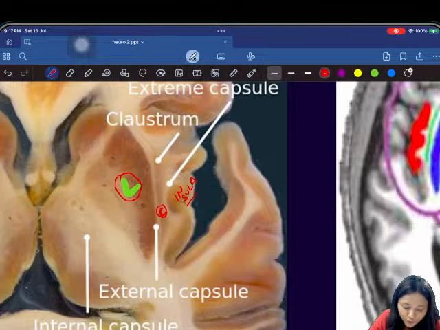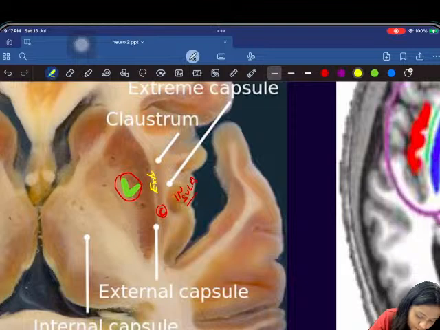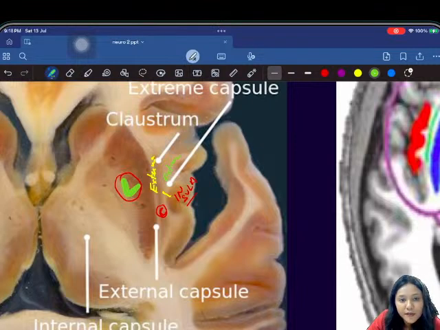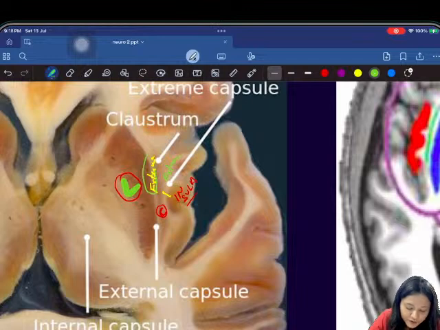Between these there are 2 white matter. So this one is the external capsule, this white matter is the external capsule, and this white matter here is the extreme capsule, okay. So lentiform nucleus, external capsule, claustrum, extreme capsule and after that insula. Okay, I hope it is clear.